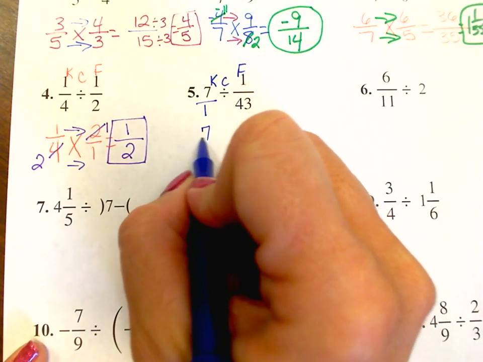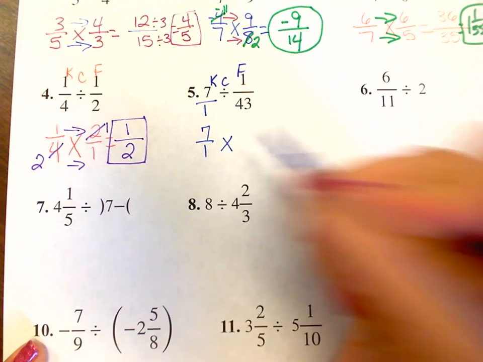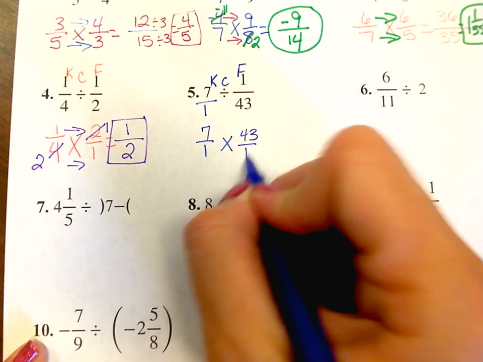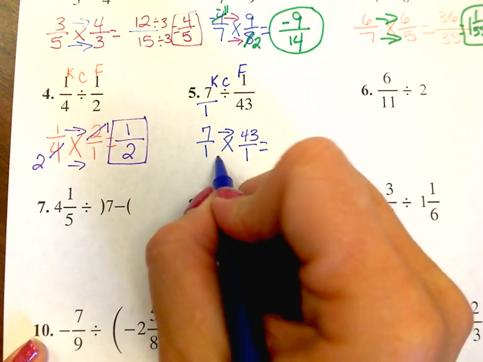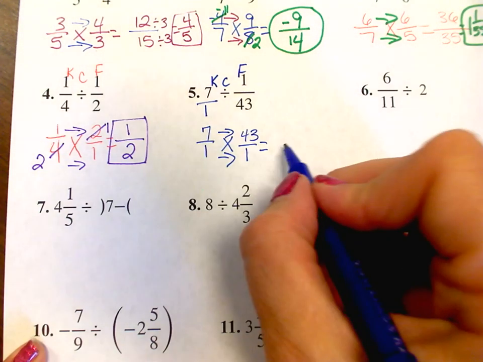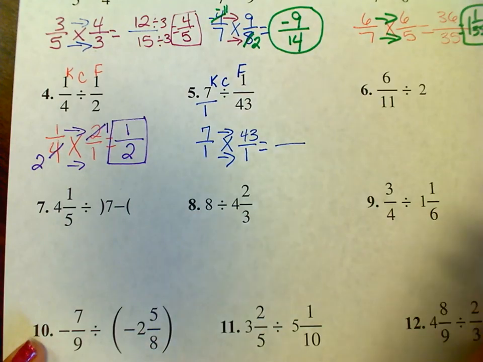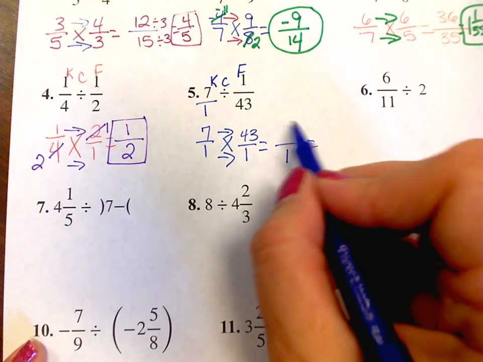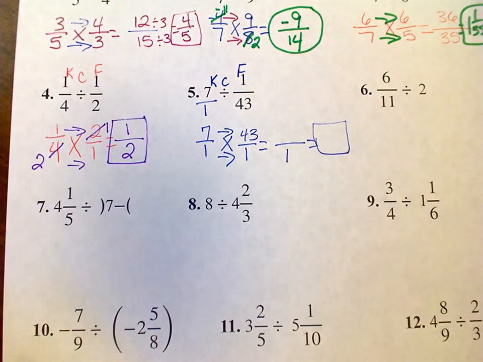Keep the first one, 7/1, change your sign, flip it over, 43/1. You're going to multiply straight across because nothing cancels out. And then you'll have your answer because it'll be over 1. And so this right here will be your answer.